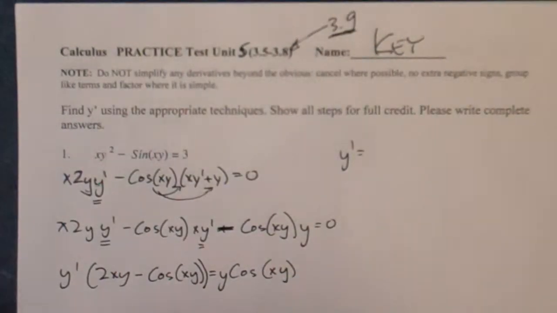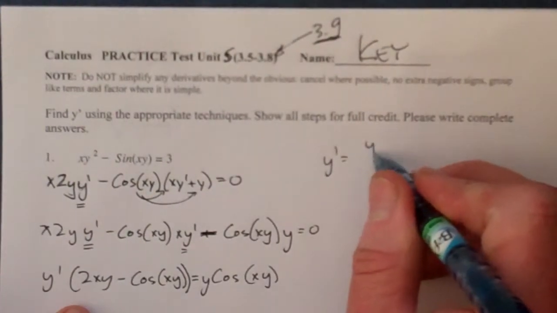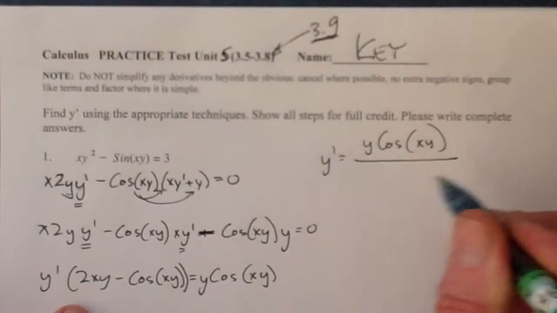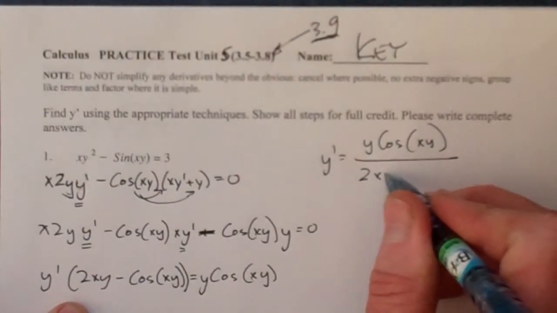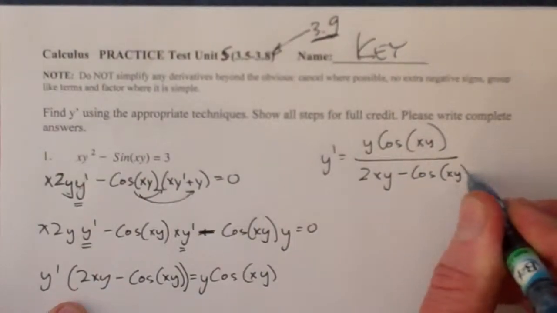Okay, and then what is y prime equal to? It's just equal to y cosine of xy all over 2xy minus cosine of xy. Okay?